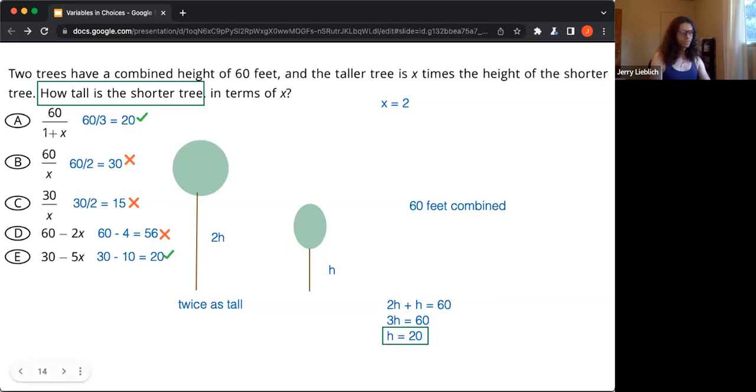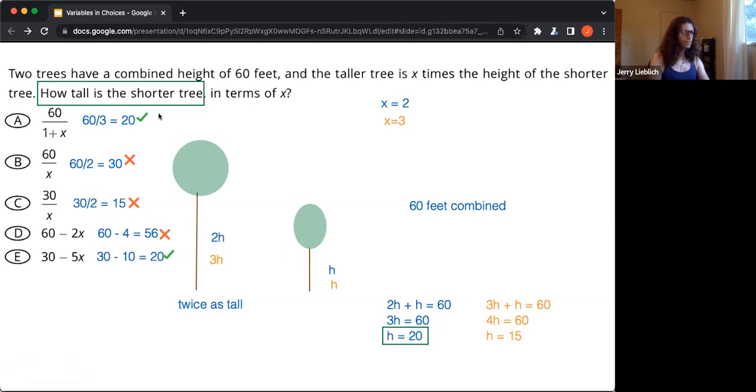Let's pick another number. So let's now say x equals 3. So that would mean this is h and this is 3h. So I have 3h plus h equals 60, 4h equals 60, h equals 15. All right, try this again.